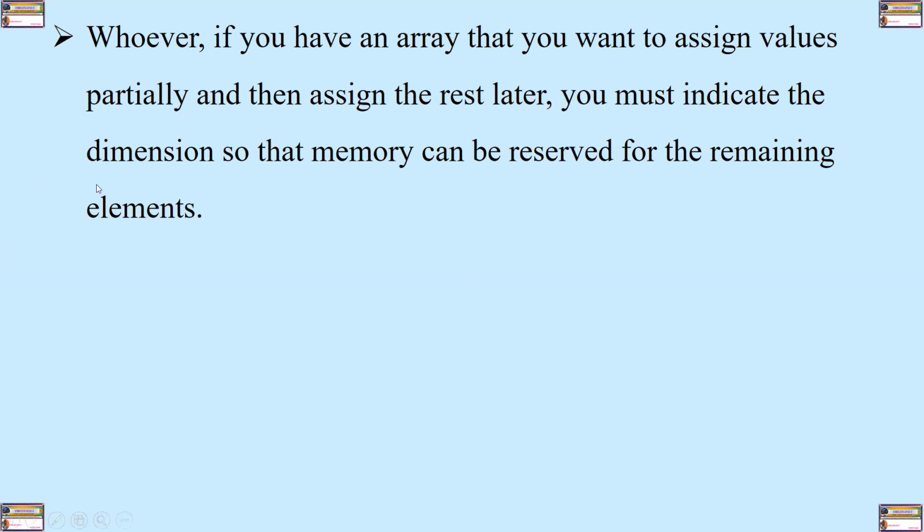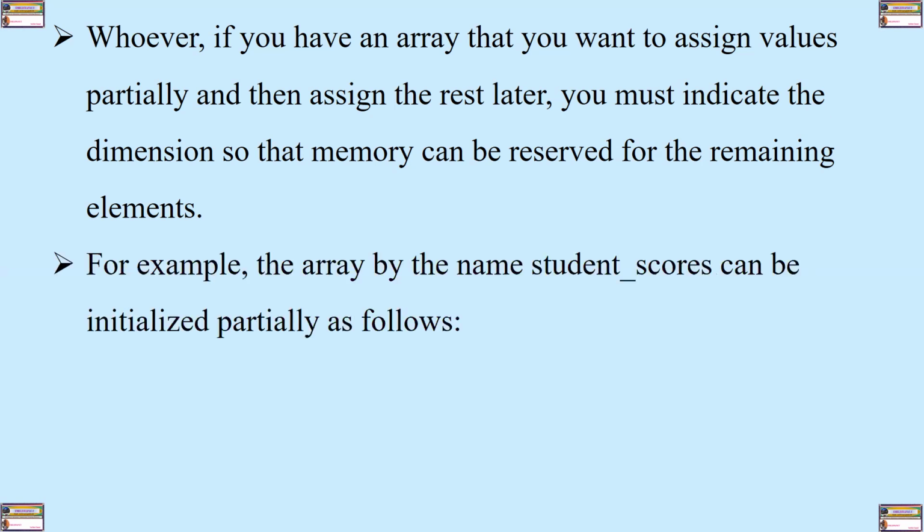However, if you have an array that you want to assign values to partially and then assign the rest later, you must indicate the dimensions so that memory can be reserved for the remaining elements. For example, for the student scores array we have talked about, you can have it like that. It means the compiler will assign a memory location adequate to hold 5 values, but we are only assigning 3.